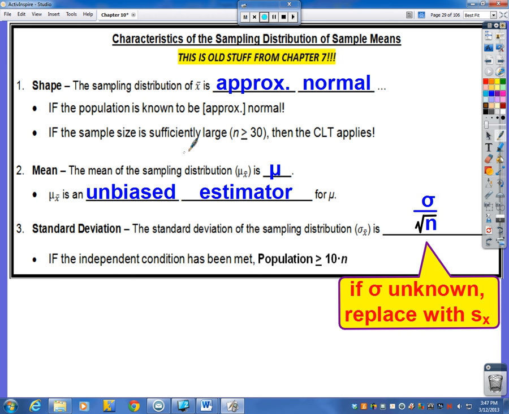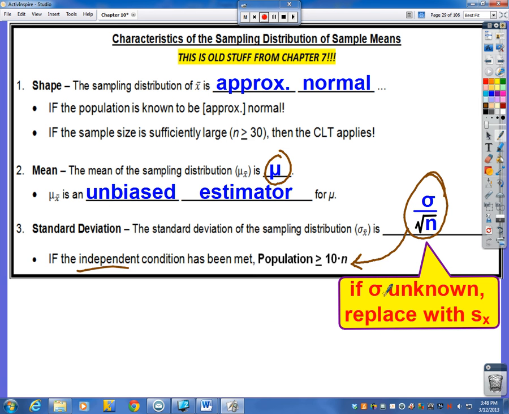The mean of all of the sample means is basically the population mean. The mean of our sample means is an unbiased estimator for the population mean itself, so these are basically equal to each other. The standard deviation, sigma sub x bar, is sigma over the square root of n, and we can calculate this only if the independent condition was met.